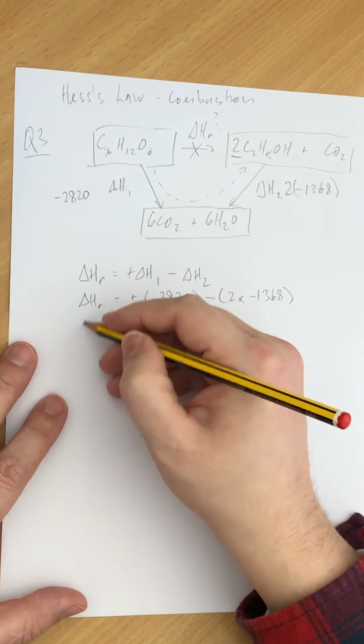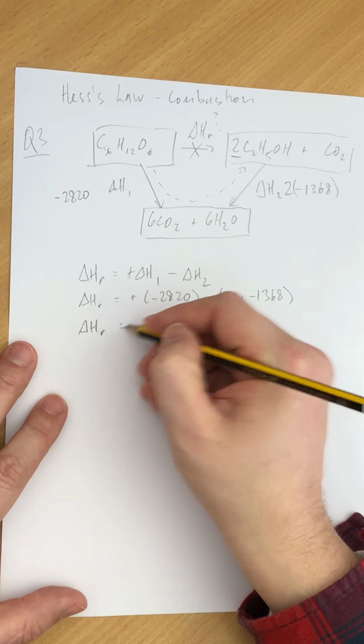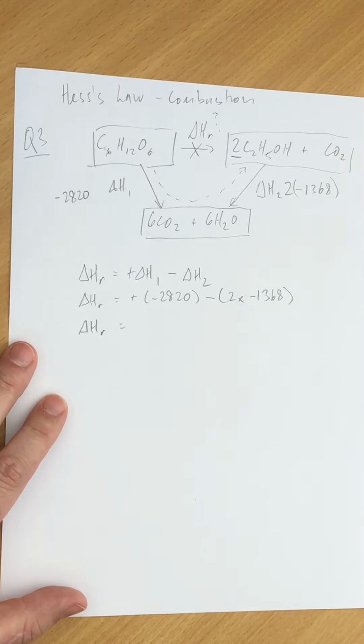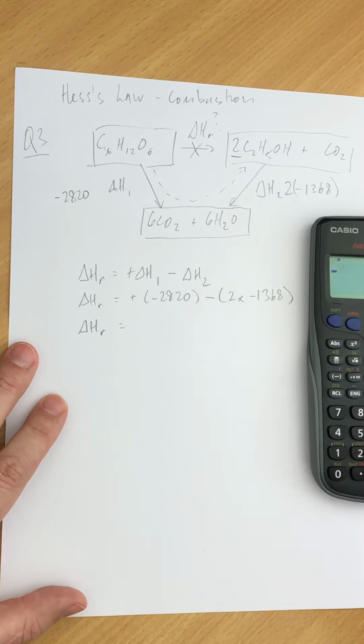Now, common mistakes are to get confused with these positives and negatives. It gets a bit of a mess, but just be really diligent when doing these, and it should work out. So I'm going to pop it into the calculator.